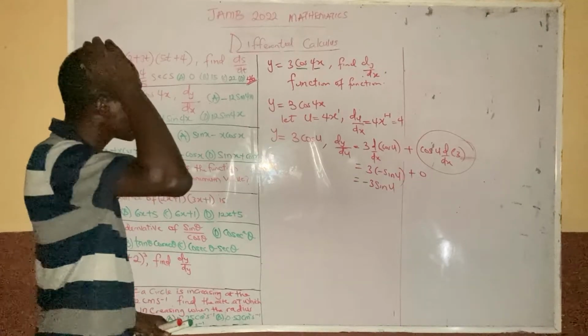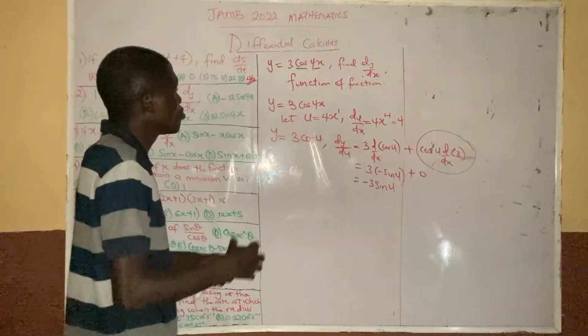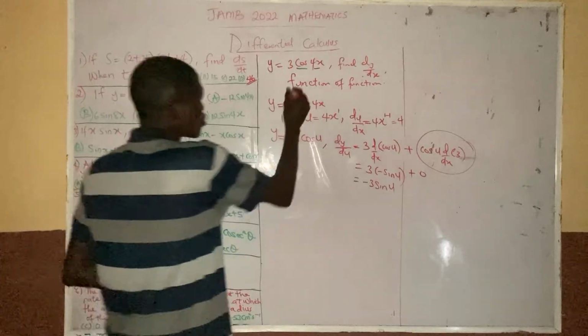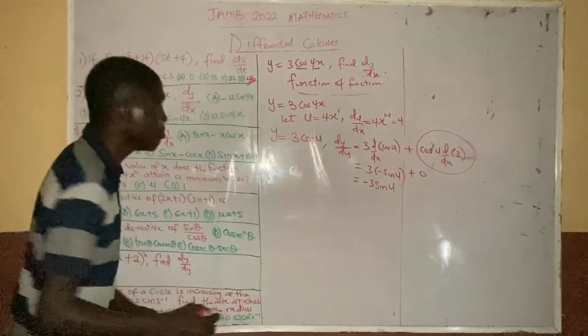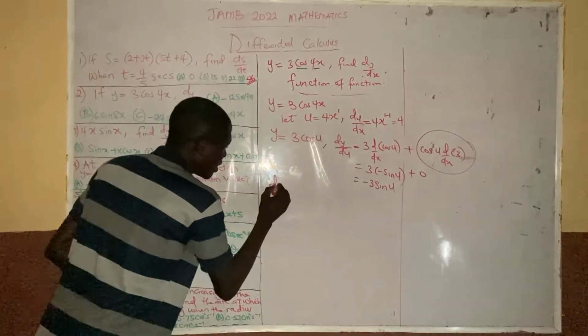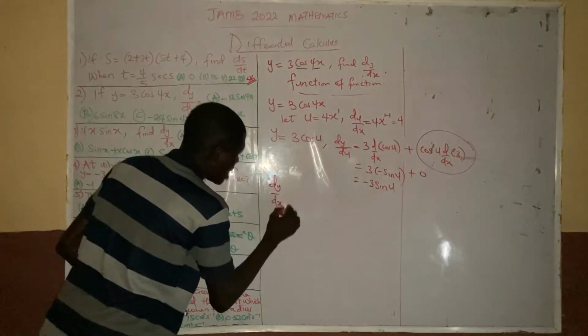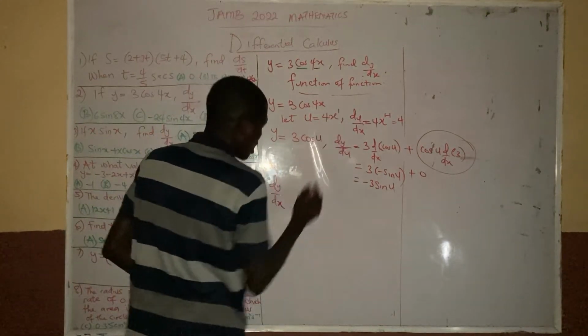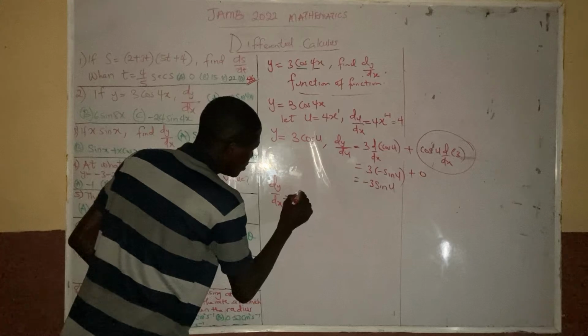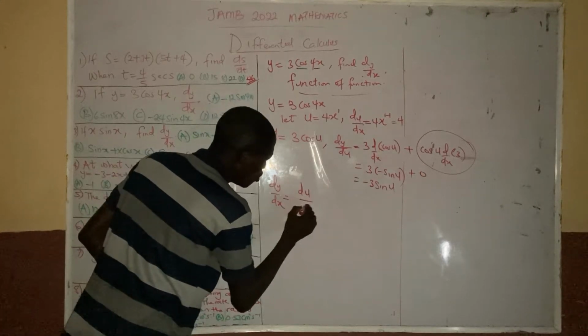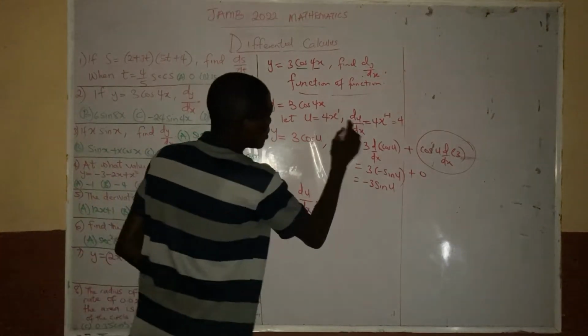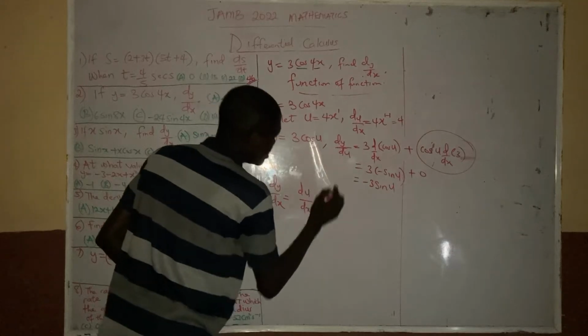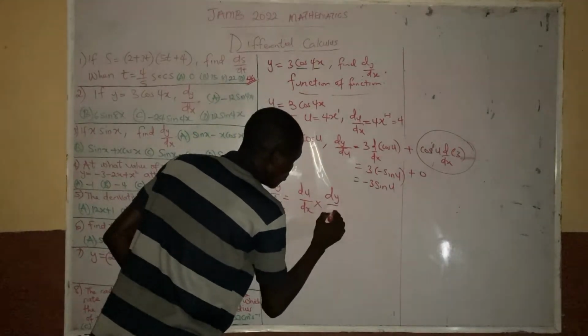Now after we've gotten that, you have to combine the two together because we call it function of function. And what does function of function mean? It means that now we can get our dy/dx. Now dy/dx will be obtained by saying du/dx, what we get here, multiplied by dy/du.